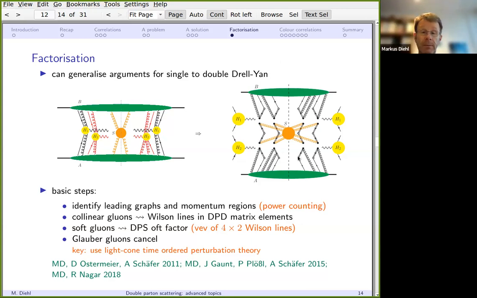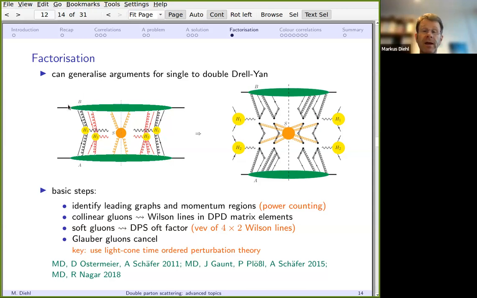That's a good step. And in a sense, the hardest and most hairy part of a factorization proof for hadron-hadron collisions is to show that so-called Glauber gluons, which denote gluons exchanged between the spectators, but which are in a momentum region where this coupling cannot be shown, decouple.